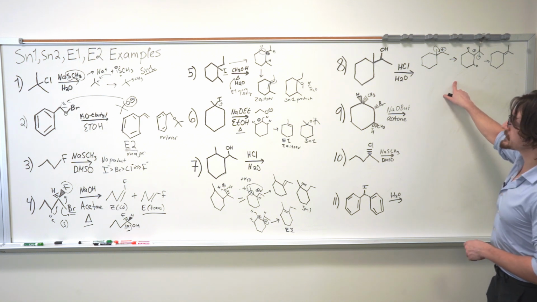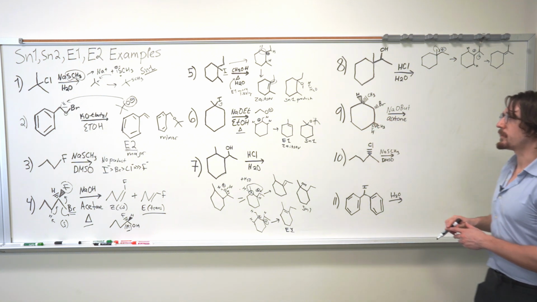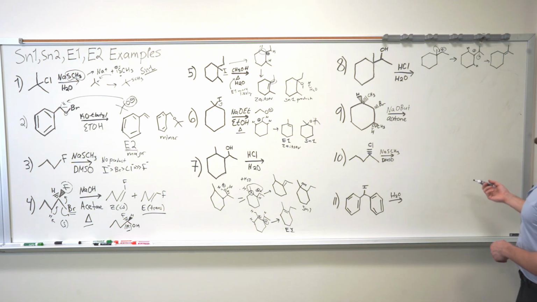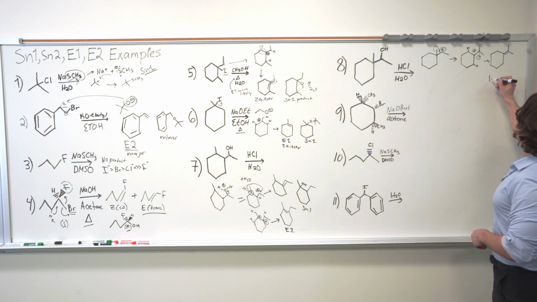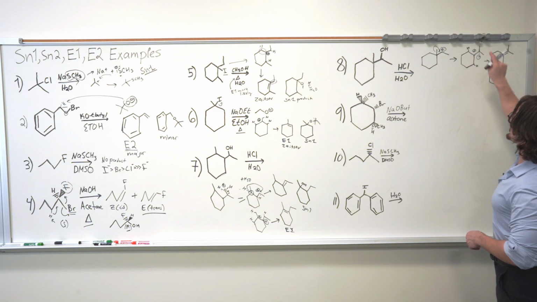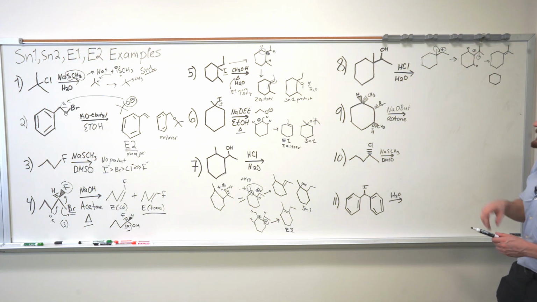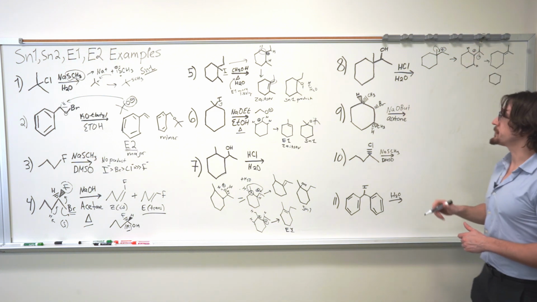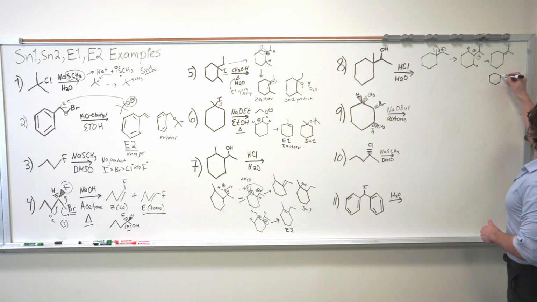However, you will probably still have a substantial amount of Sn1 where water acts as a nucleophile. And so that one is going to look like this, right? Water attacks this tertiary carbocation, and then it itself is deprotonated. And so you're going to have a hydroxyl group on that carbon.